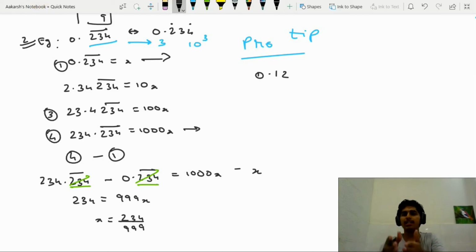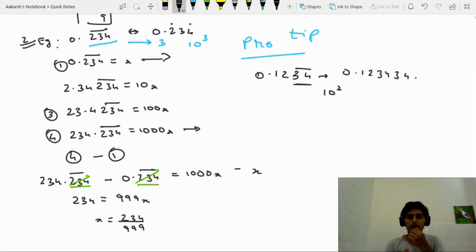The repeating starts after this. So after this you have 3, 4, and the 3, 4 is only repeating. So this would look something like 0.12, 3, 4, 3, 4. In this case, if I have only two decimals repeating and I multiply by 10 raised to 2, which is 100, that will be wrong.